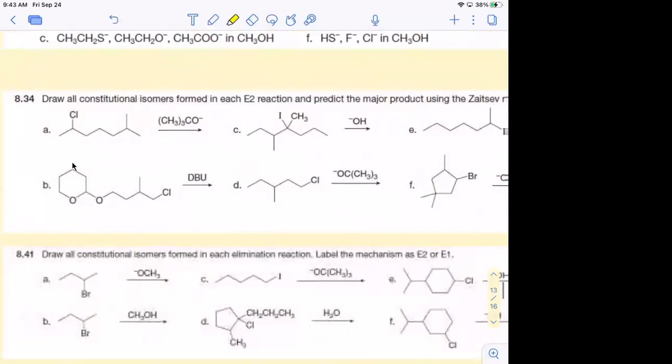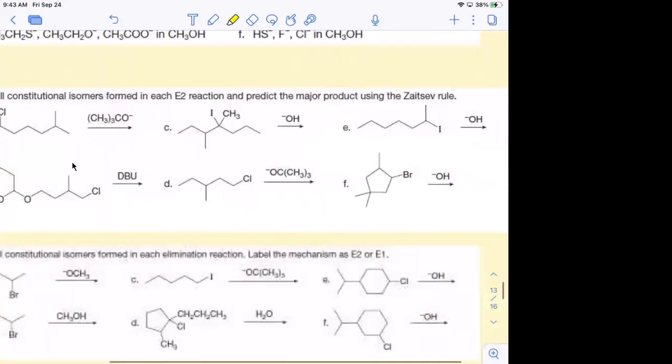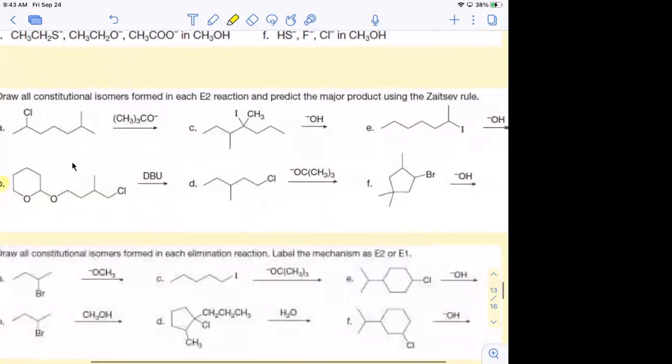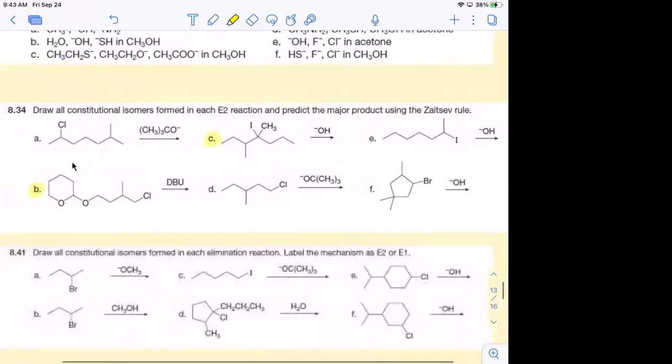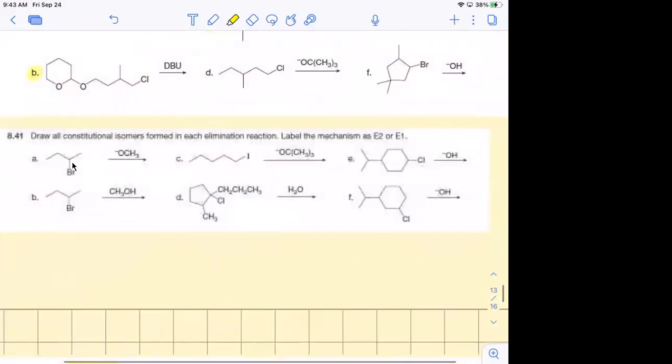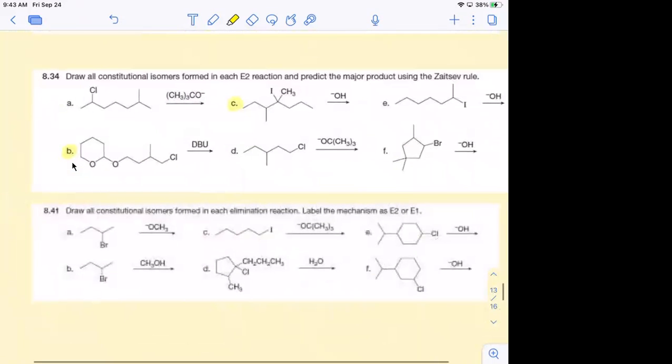So let's do one, how much time do we got? 7 minutes. Let's do two problems from up here. So we'll do B and C, because all of these are E2, so it gave you that. And then we'll do D down here.